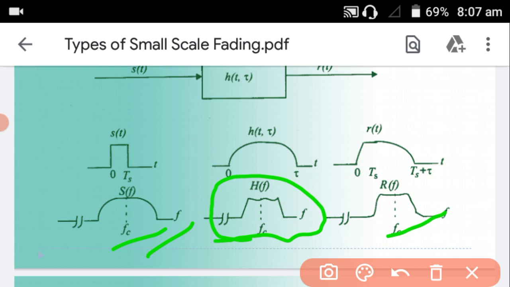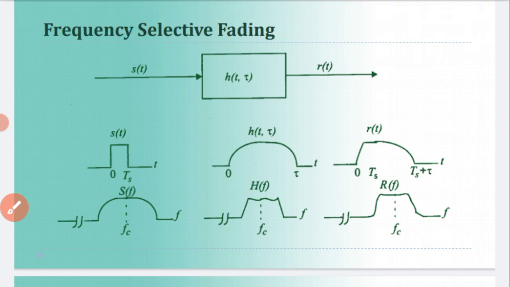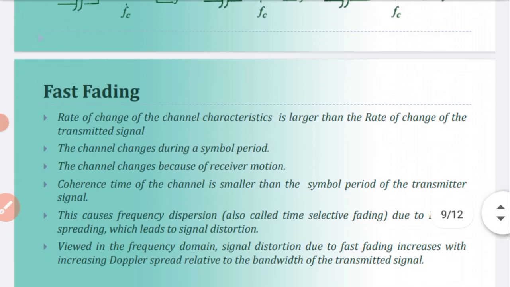So it will cause frequency selective fading. The variation of the fading causes variation in the received signal. The received signal is not what we transmitted. There will be some variation in the case of frequency selective fading.